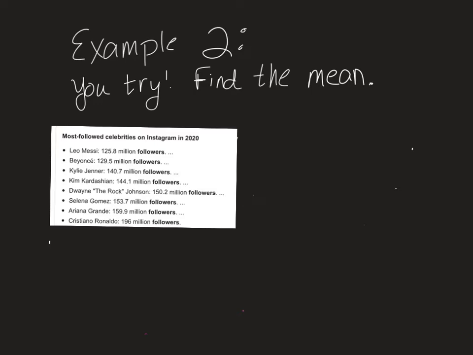All right, so now that I showed you what not to do, let me show you what you should have done. For step 1, we should have found the sum. In other words, we should have added all of those numbers of Instagram followers together. And when I did that, I got 1,199.9. So step 1, I added them all together.